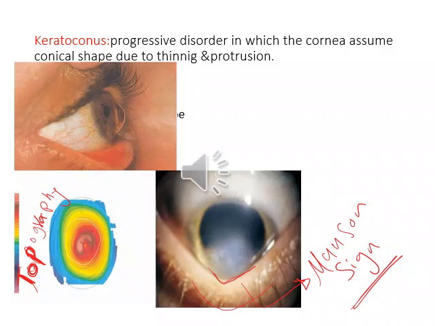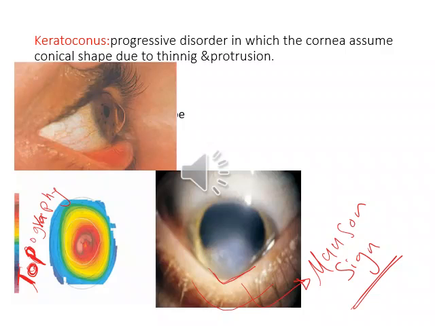Any child, we do cross-link for him. For patients below 35, my rule is to cross-link all patients with keratoconus below 35, because there is natural cross-linking of the cornea above 40. So for those at risk of progression, we do collagen cross-linking.